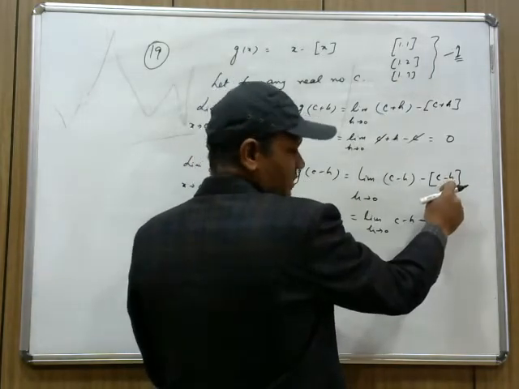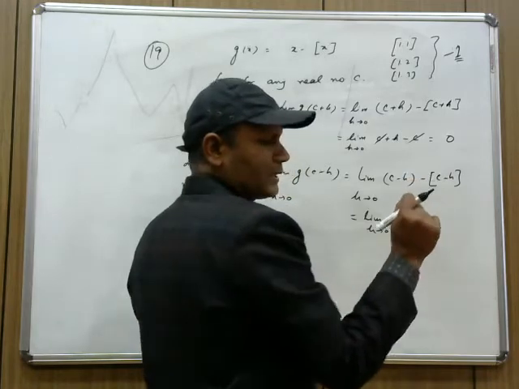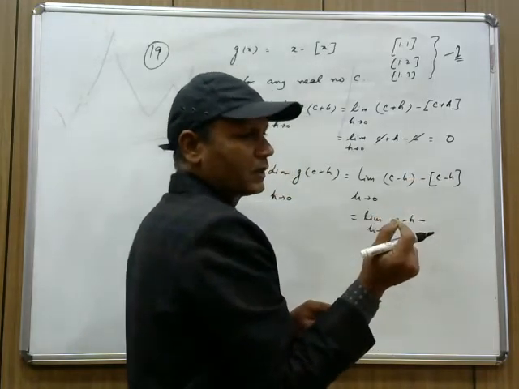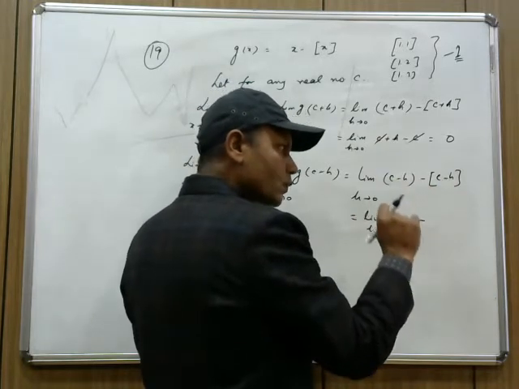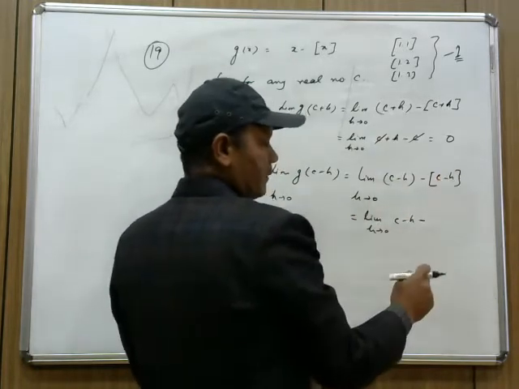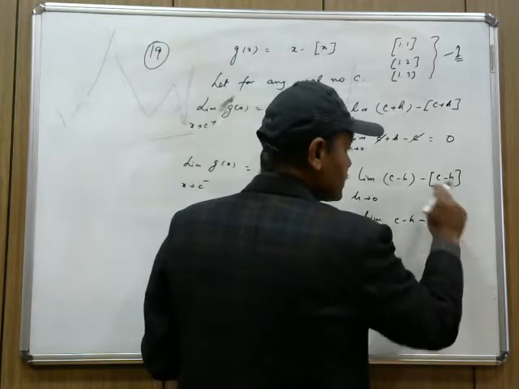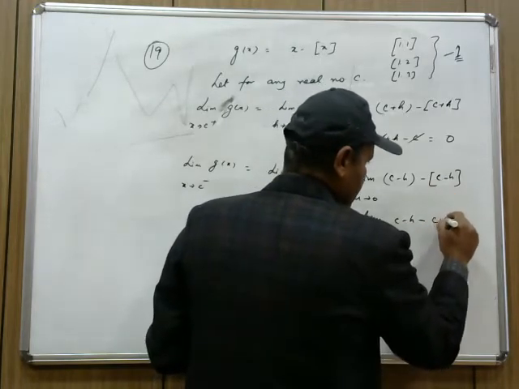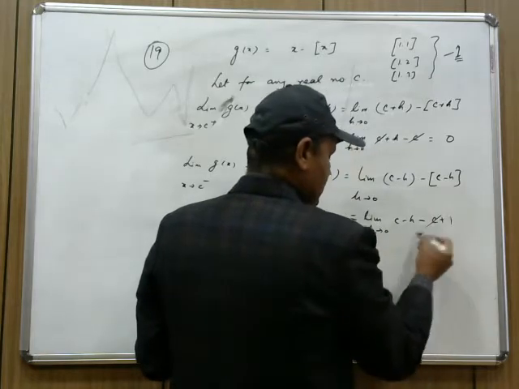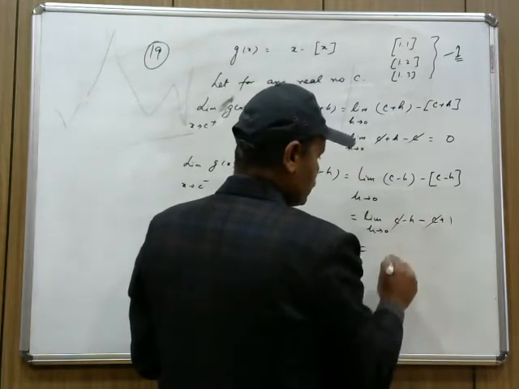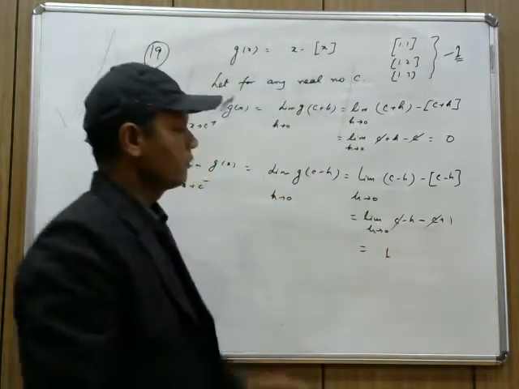Take 1.3 minus h, very small. 1.3 minus a very small number, that means we are going to get 1.3 minus that h, so what will I get here? c minus 1. So now we get c minus 1, and due to this minus it becomes plus 1. Now c and c are cancelled, h tends to 0, what am I getting now? 1.